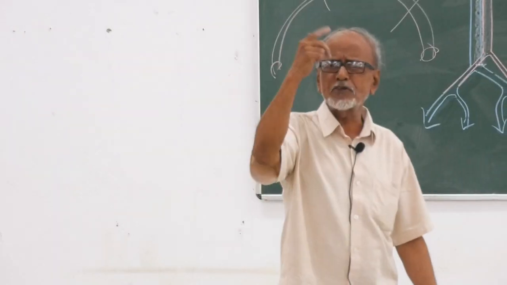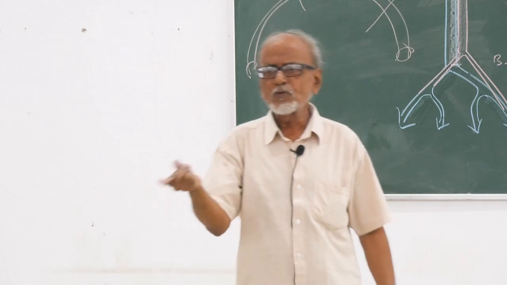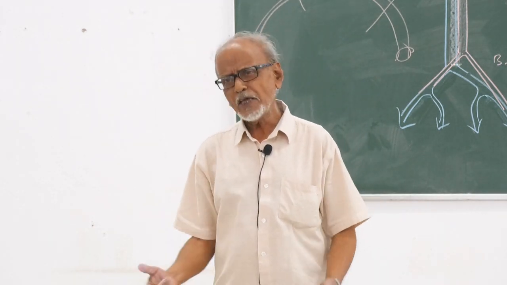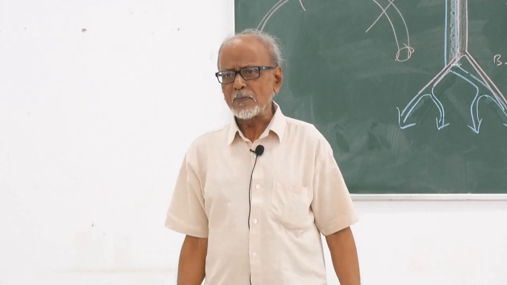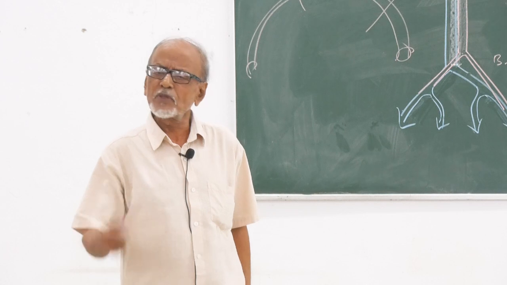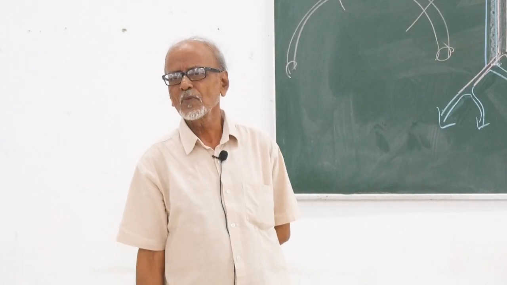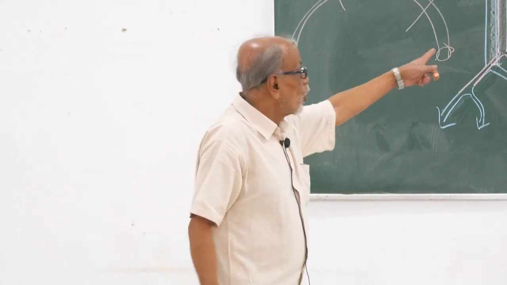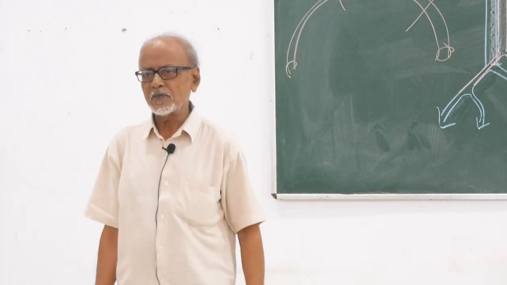There will be colic arteries sprouting from another side of the superior mesenteric artery. Likewise there will be colic arteries, sigmoidal arteries, rectal arteries from the inferior mesenteric. Likewise there will be branches from the all important celiac trunk.